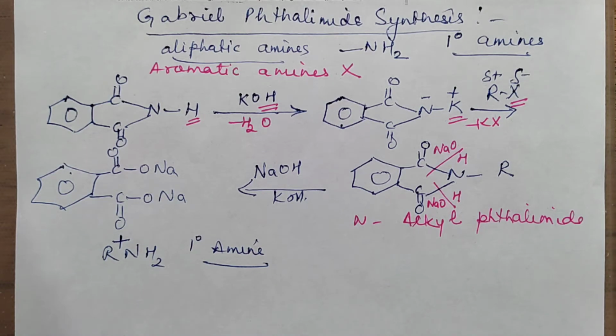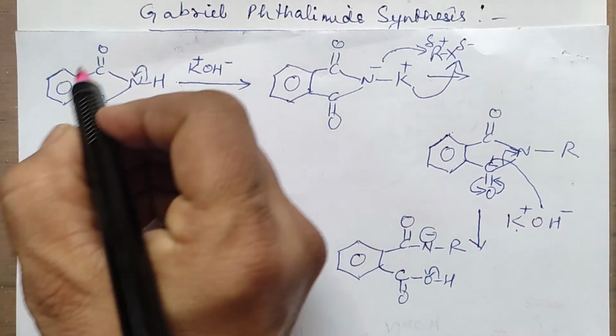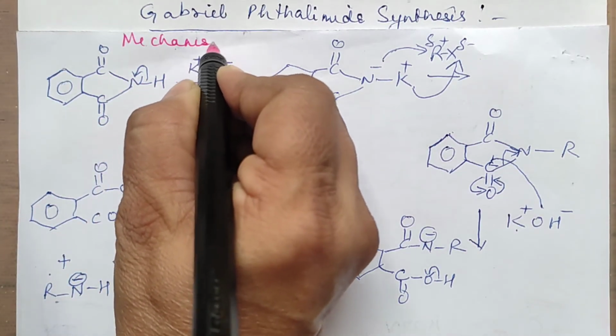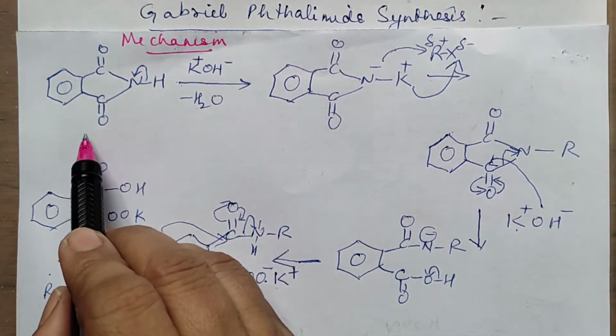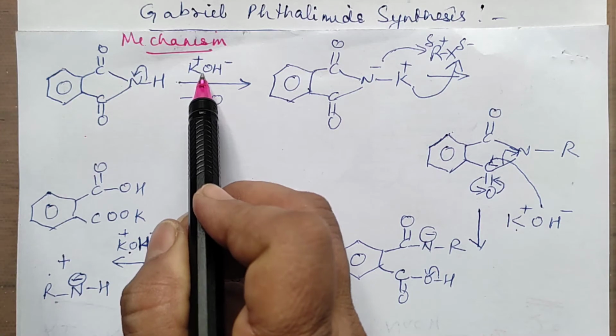Now let me give the answer to the question which I asked you, but before that I will explain the mechanism. I have written the steps just to save time. So what exactly happens in this? This is phthalimide. Phthalimide you are treating with the base, that happened in the first step.